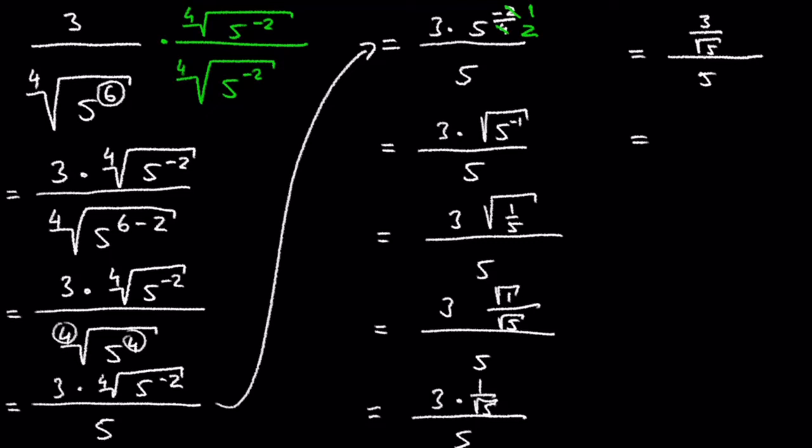We divide fractions by keeping the top fraction as is and multiplying with the inverse of the bottom fraction. So we get 3 over the square root of 5 times 1 over 5, which leads us to 3 over 5 times the square root of 5.